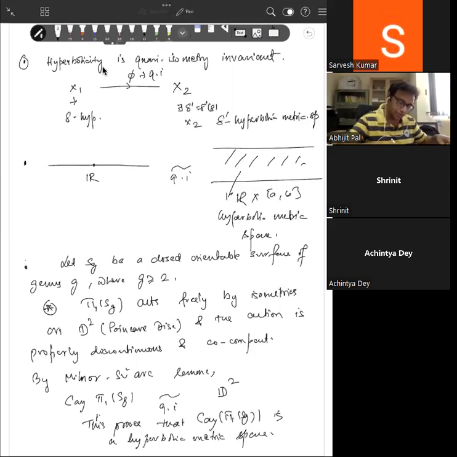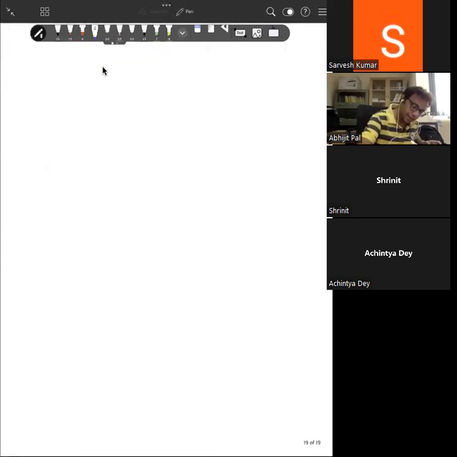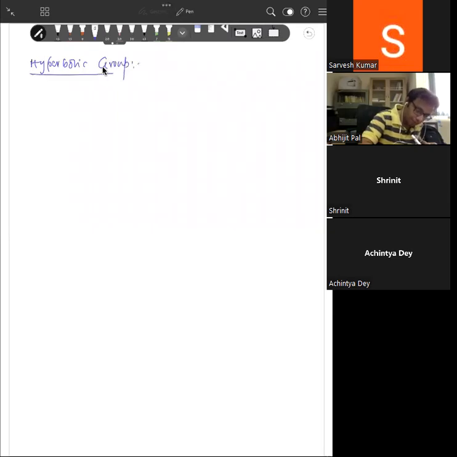Okay. So now if I assume this thing, I can have something more. Since hyperbolicity is a quasi-isometric invariant, I can define what you mean by a hyperbolic group. So what is the definition of a hyperbolic group?